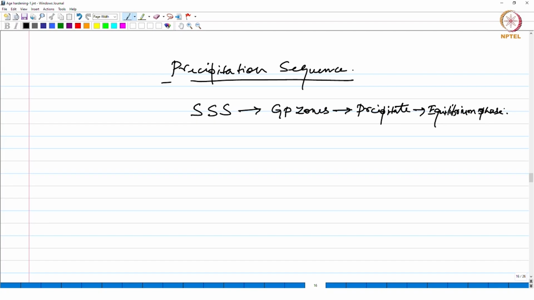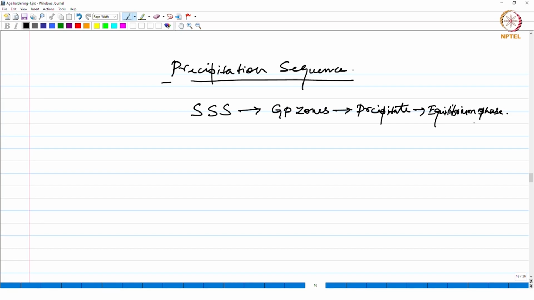So this is the sequence which is generally found in aluminum alloys as far as precipitation hardening and the formation of the precipitate is concerned. With respect to this sequence and the precipitation behavior, we have seen two alloys in the previous lecture.